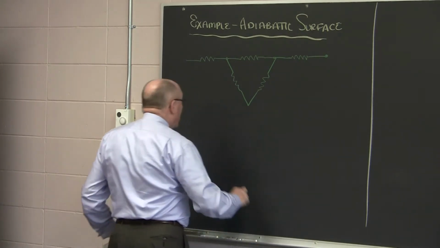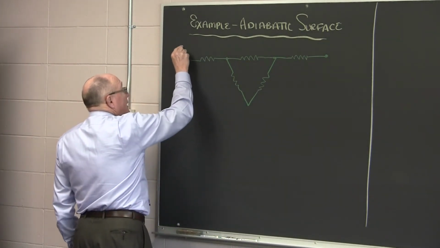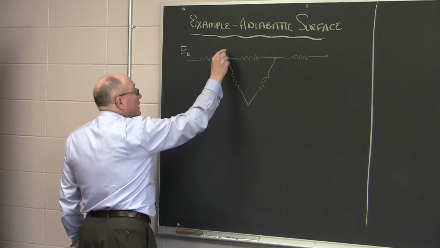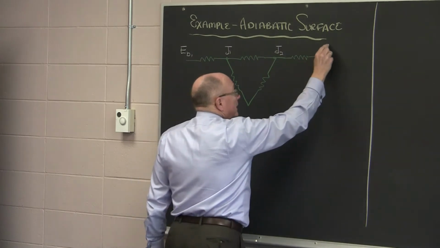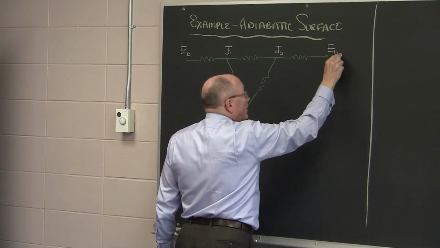And we'll label our nodes, EB1, J1, J2, EB2.